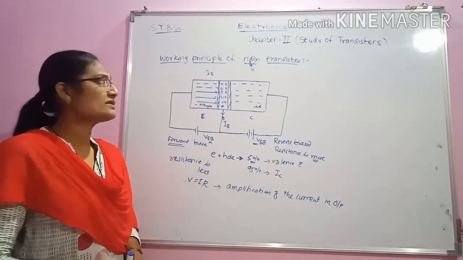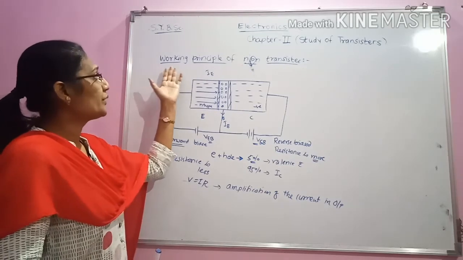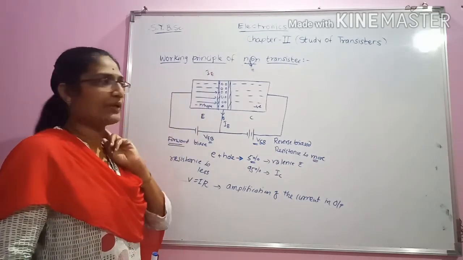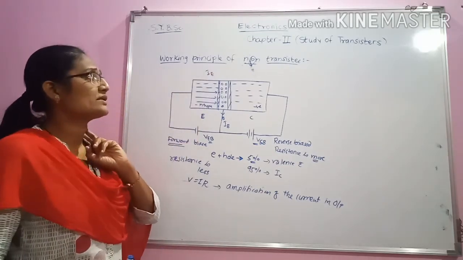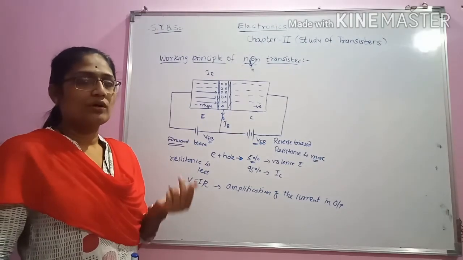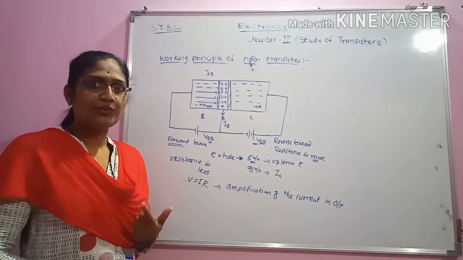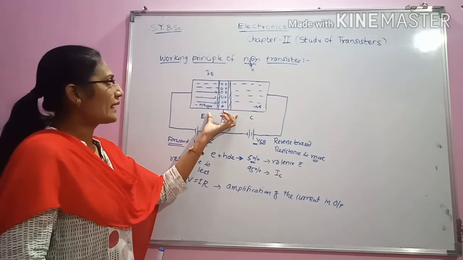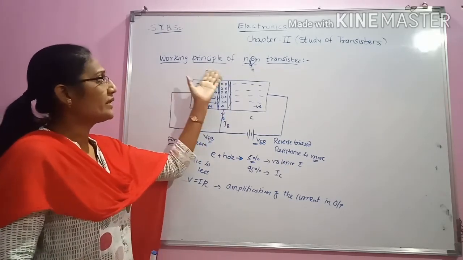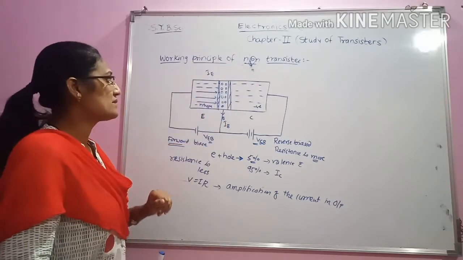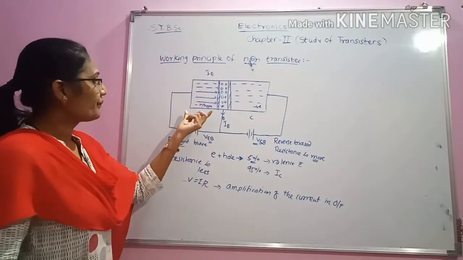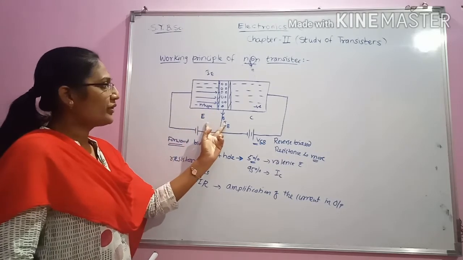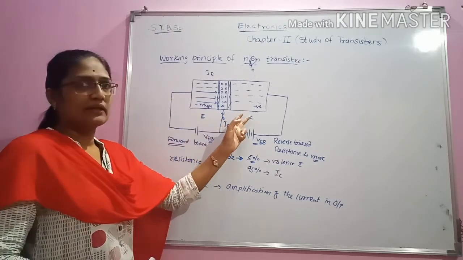So let's revise the things related to working principle of NPN transistor. NPN transistor is the transistor in which a p-type material is sandwiched in between two n-type materials, and this is the diagram for the working principle of NPN transistor. Here there are three terminals: emitter, base and collector.